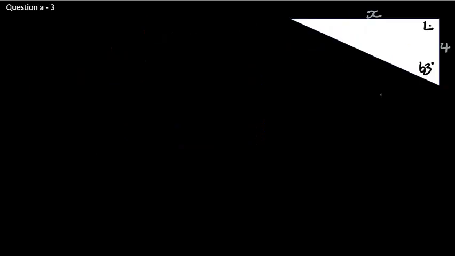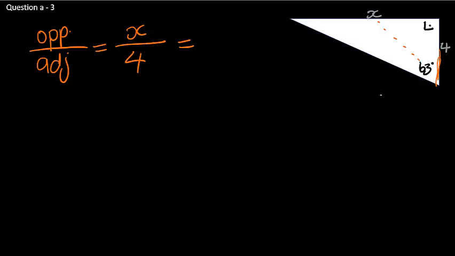Question A3, solve for x. X is opposite the angle, and I have adjacent as well. Opposite over adjacent, we have x on the top and 4 at the bottom. Opposite over adjacent we know as tan. So tan of 63 degrees is x over 4. Now I multiply by 4 on both sides to get rid of the denominator.